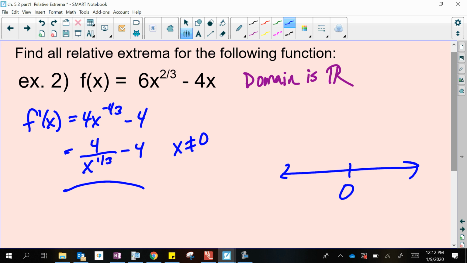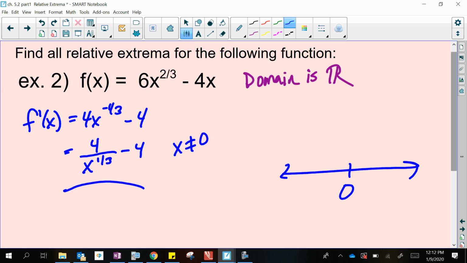If 0 was not in the domain of the original function, and also not in the domain here, we would not add it, okay? Because if 0 couldn't be in the original function, there's no way it can be a max or a min. Okay, so we don't go looking for it.